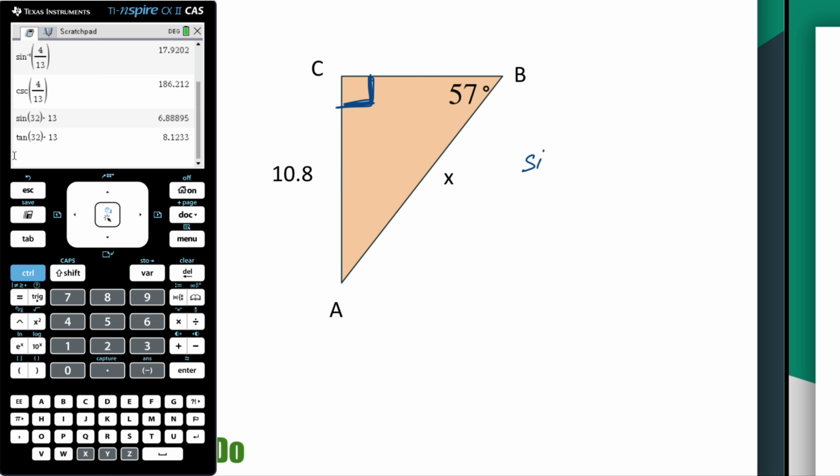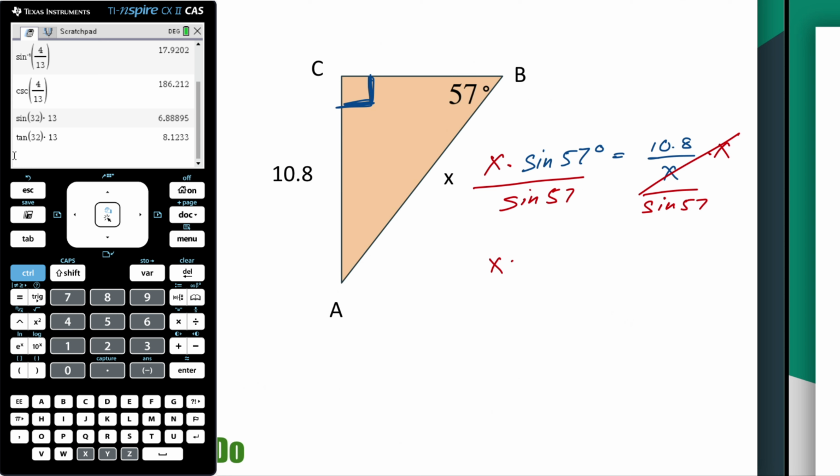Okay, so sine of 57 degrees is equal to the opposite over the hypotenuse, which is x. Okay. Now, when you get in these situations, the x on the bottom, that's okay. Multiply x to both sides, it cancels. And then you would divide by sine on both sides. And you get x is equal to 10.8 divided by sine of 57 degrees.